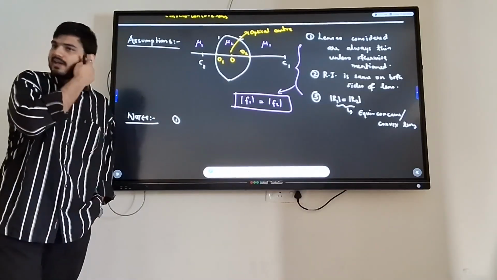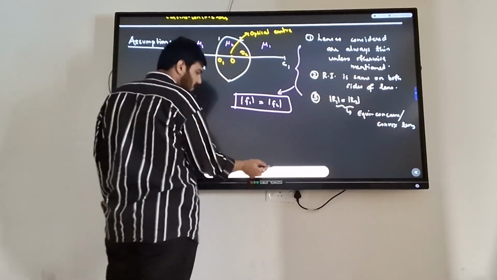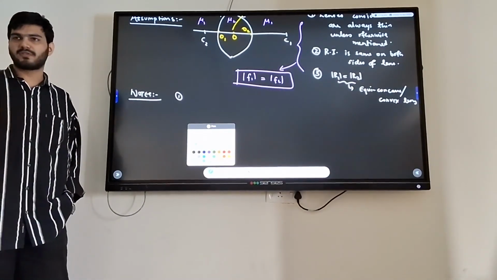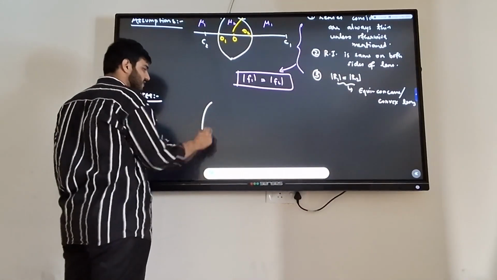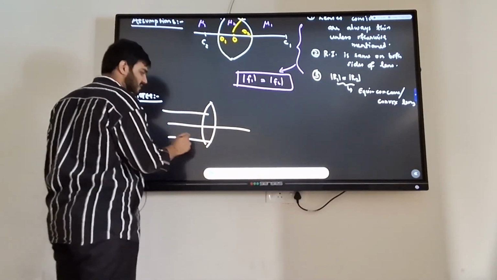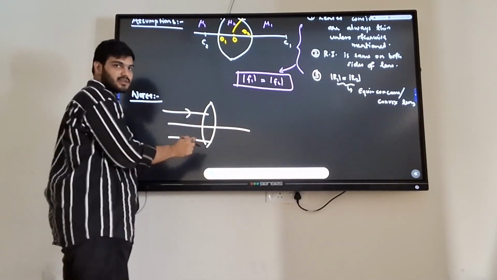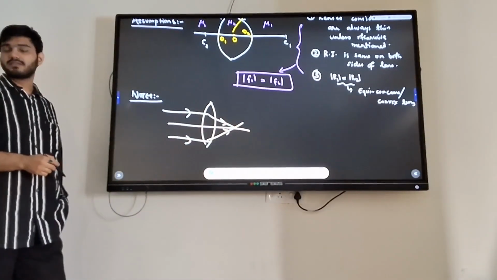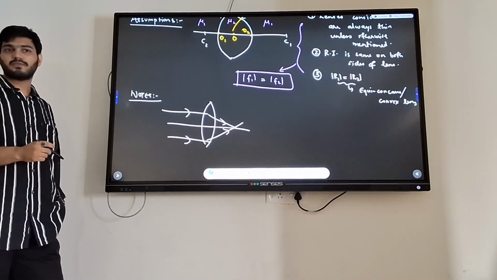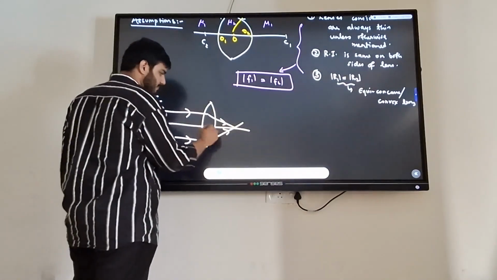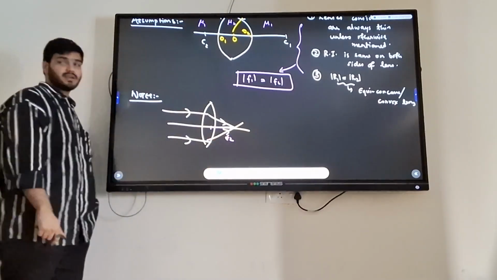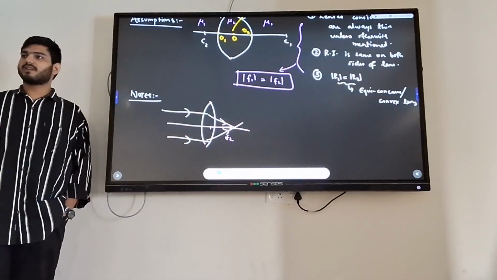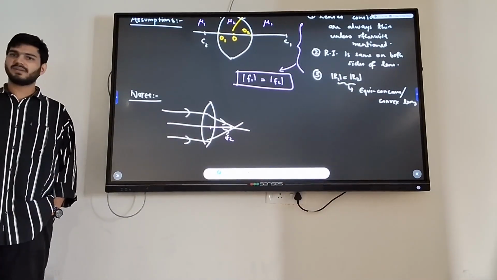So if I take the case of convex lens, although I have not made any ray diagrams, hopefully you know some basics. If you have a convex lens and rays are coming like this, do they diverge or converge? Converge. Where will they meet? Focus F2. Now is this F2 positive or negative for convex? Positive. What about F1? Negative.